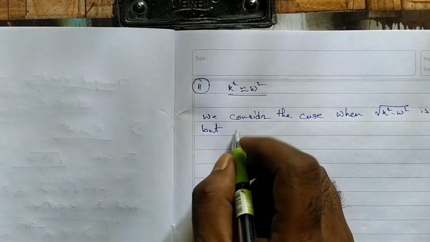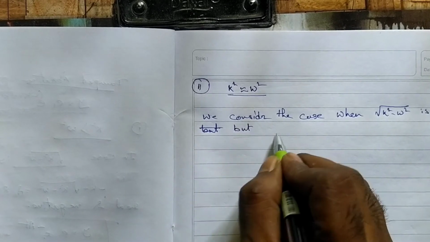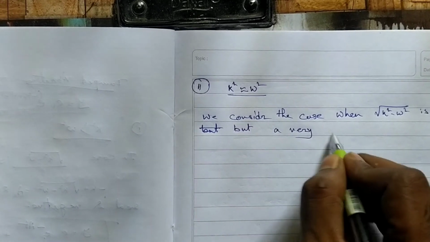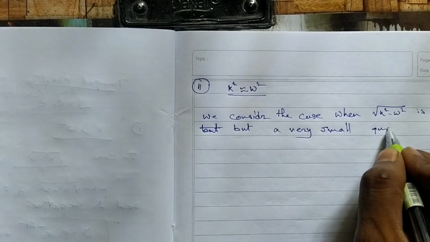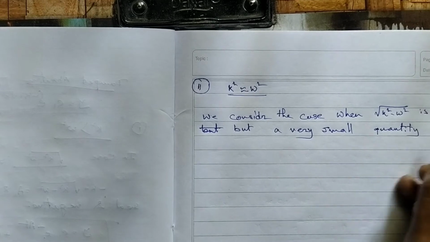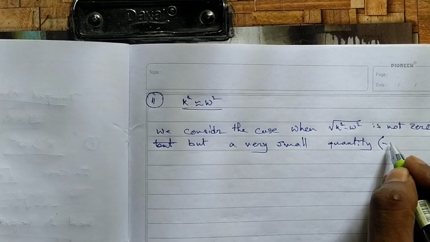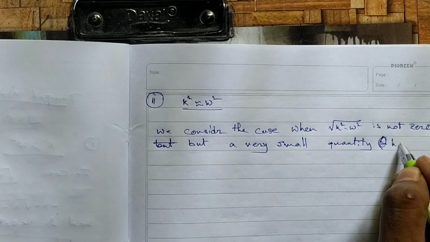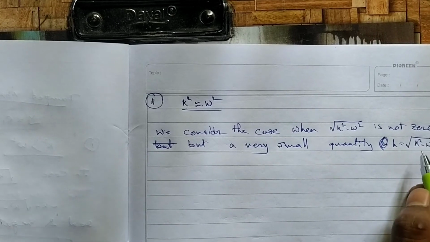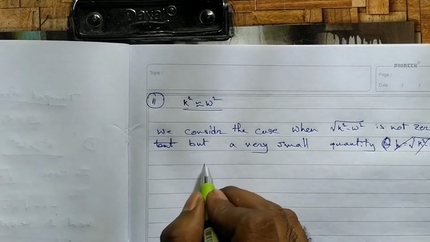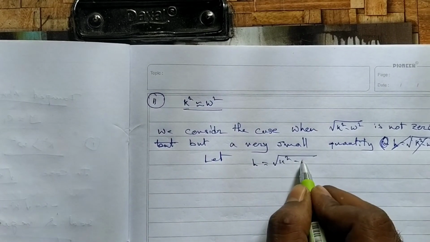But we write here a very small quantity h, so let h be equal to root under k square minus omega square.